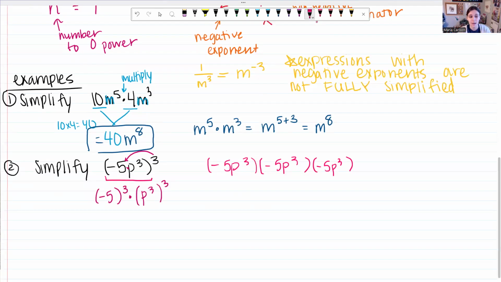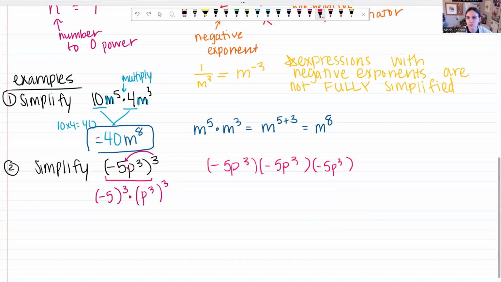And I only get to do that because they are being multiplied. If it was negative 5 plus p cubed to the 3rd power, I could not apply that 3 to both the terms across the plus sign. It does not work like that. It'd be like trying to jump across train cars. It just would not work.